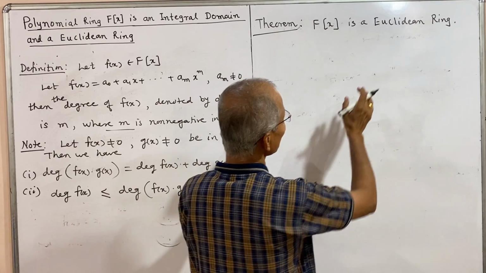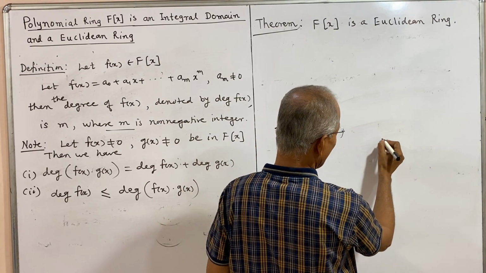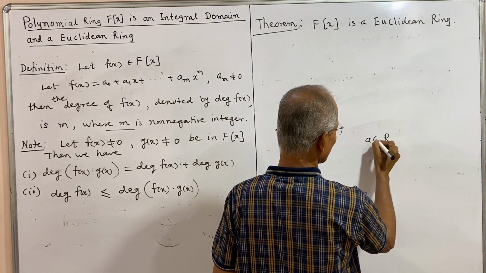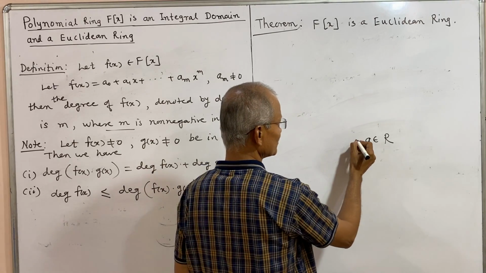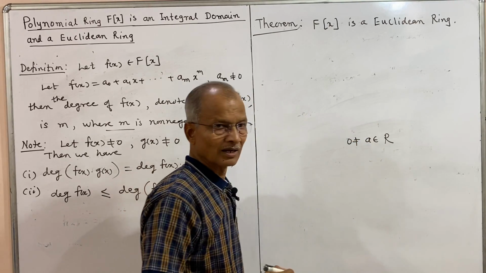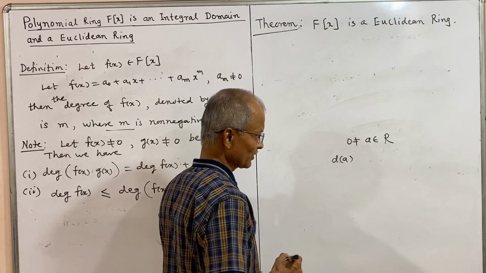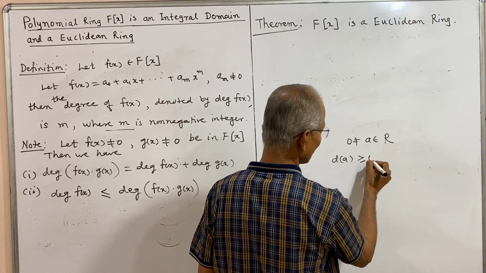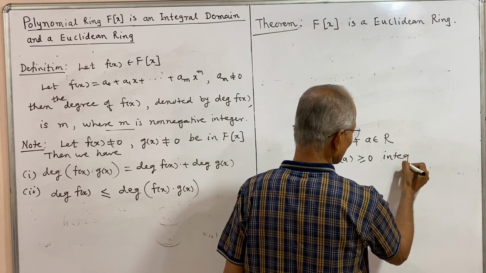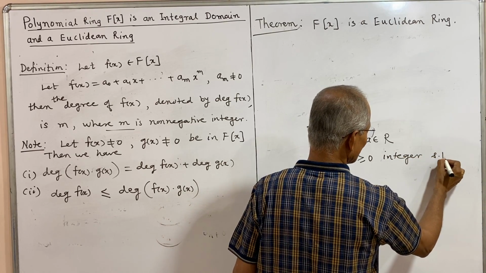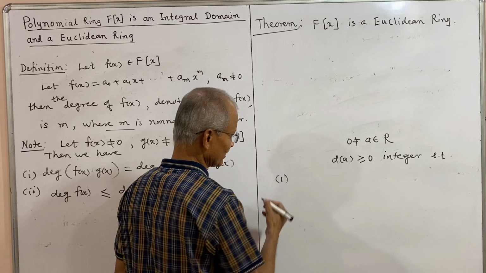That is the definition of Euclidean ring. R is a Euclidean ring if for every a not equal to 0 belonging to R we assign a Euclidean function d(a), which is a non-negative integer, greater than or equal to 0, such that there are two properties of a Euclidean ring.